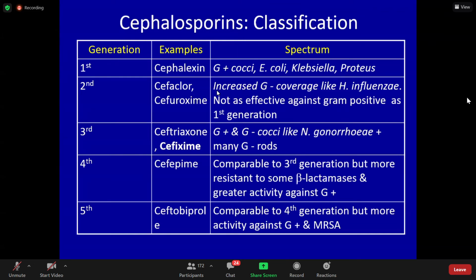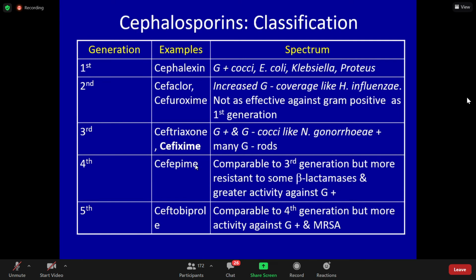As you increase the generation, second generation, they are less effective against gram positive but generally more effective against gram negative, now more H. influenzae, you will learn next week from the microbiology people. Third generation is now more or less gram negative.